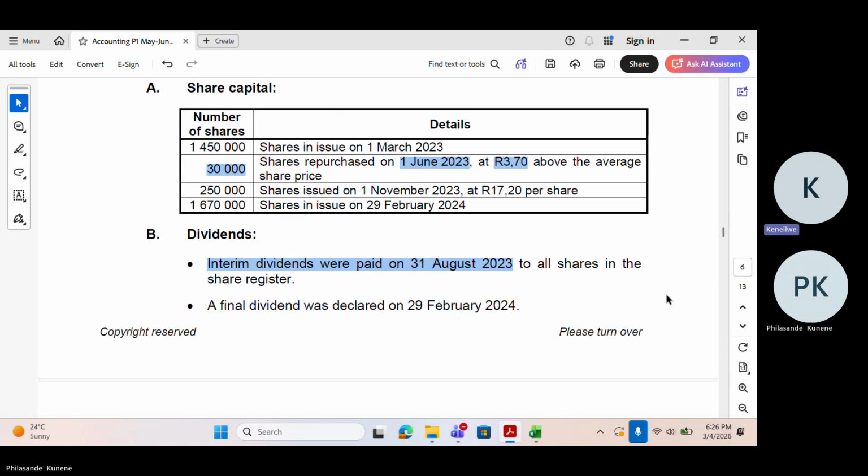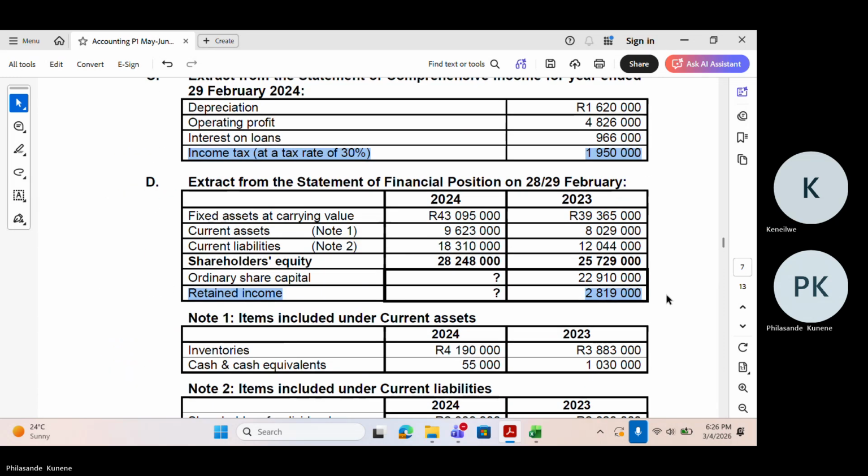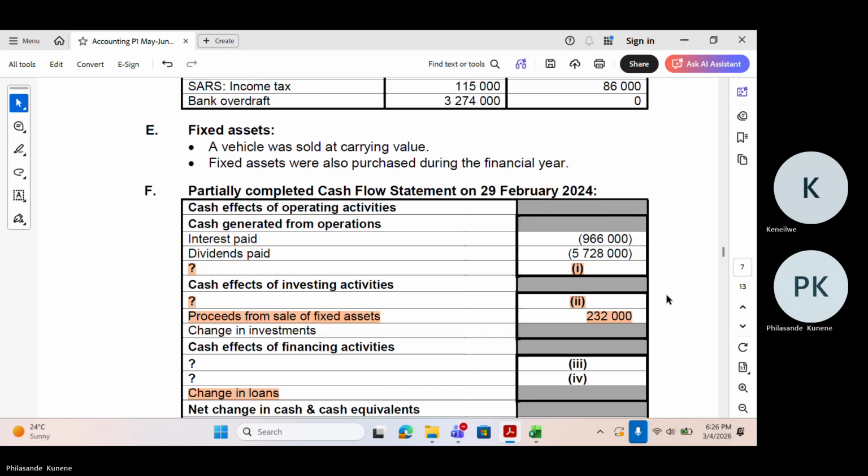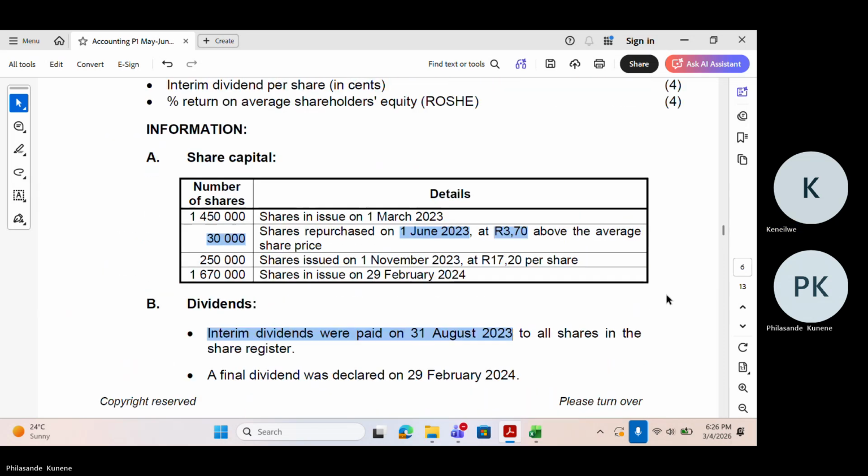We have to take away the 30,000 shares from the issued shares at the beginning. Shares that were issued at the beginning, yes. We need to take away the 30,000. Okay, and then what do we do after that?